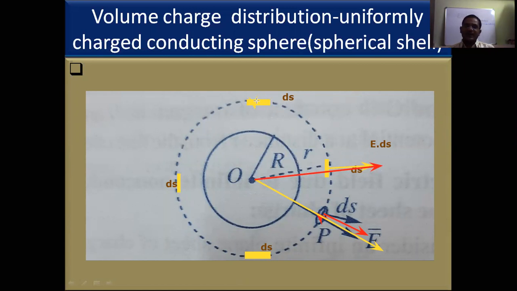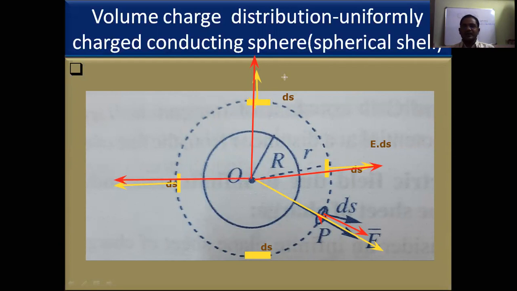Here also the direction of the area vector will be in this direction, and the direction of electric field strength at that point will be in this direction. This is E bar. Again, if you consider this small area element, here the area vector direction is like this, but the direction of electric field strength at that point is also in the same direction.